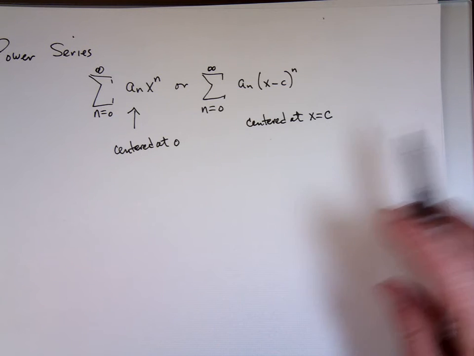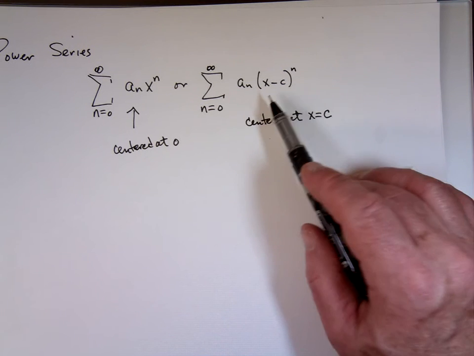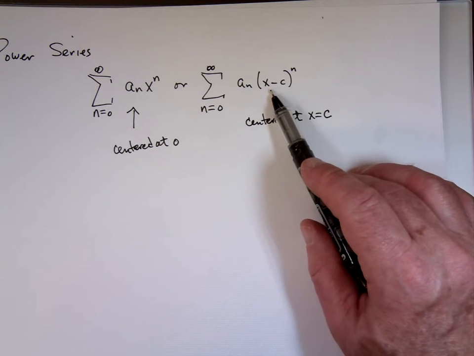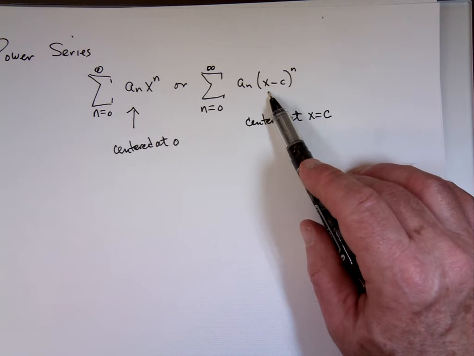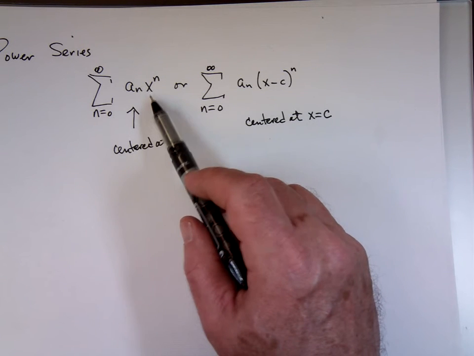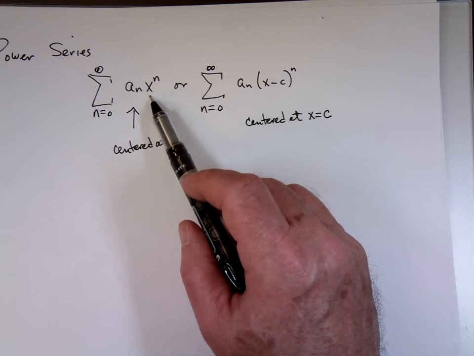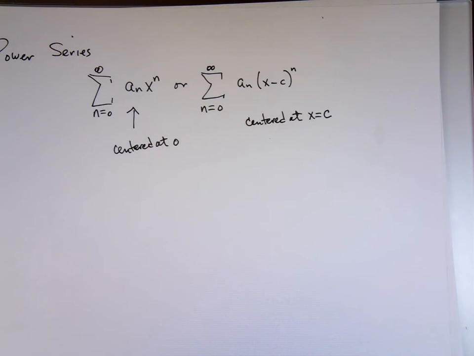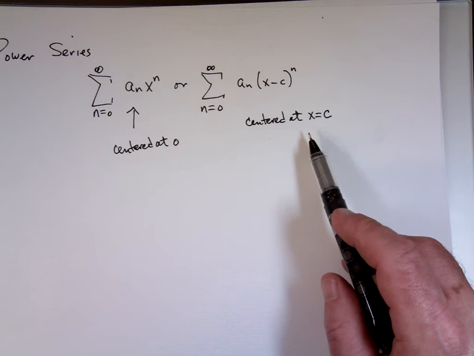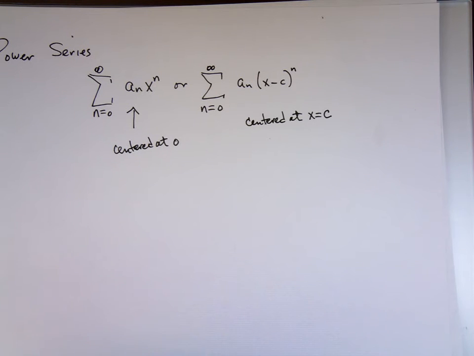If x is equal to c, then you get a whole bunch of zeros, and that sum is 0. If x is 0 here, you get a whole bunch of zeros, and that series converges to 0. Centered at x equals c? Yes, that's what that says.